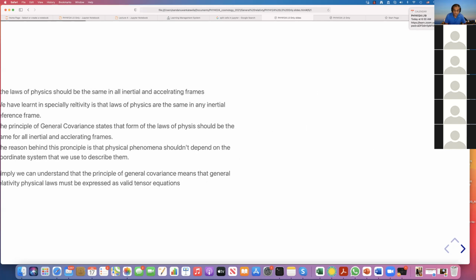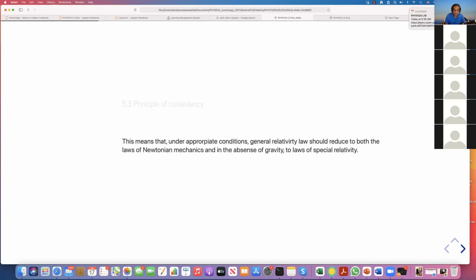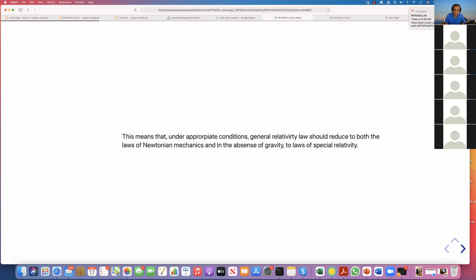And then we had the principle of consistency, and the idea behind that is, as an example, when you have these general relativity laws, they should reduce to Newtonian mechanics under appropriate conditions. And also to the laws of special theory of relativity, if you convert curved space into flat space. So that is the idea.